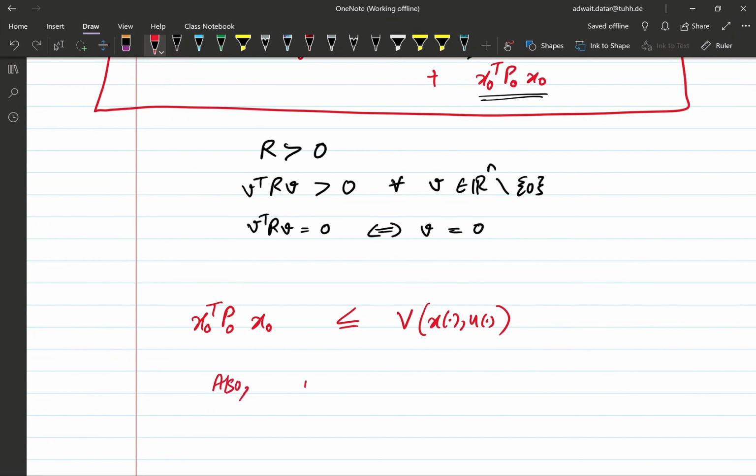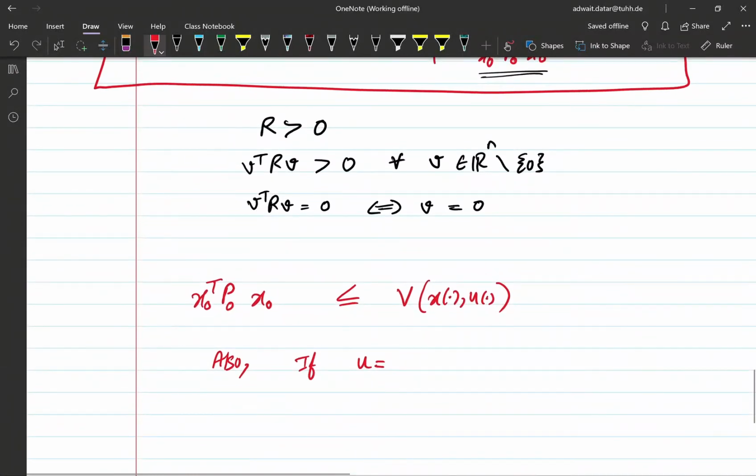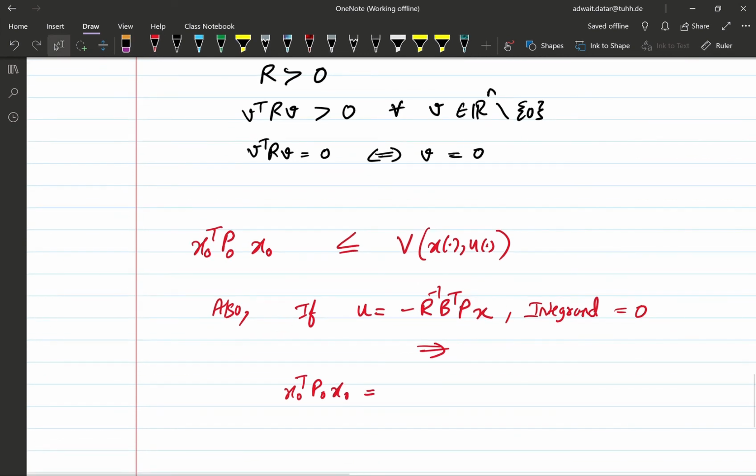If u is minus R inverse B transpose P x, then the integrand is 0 and we have that x0 transpose P0 x0 is equal to, let's call this u star, V of x and u star.